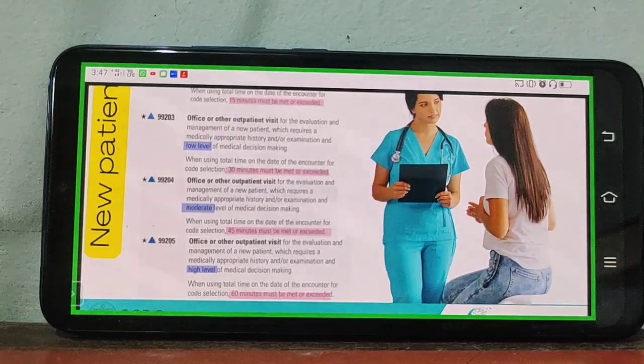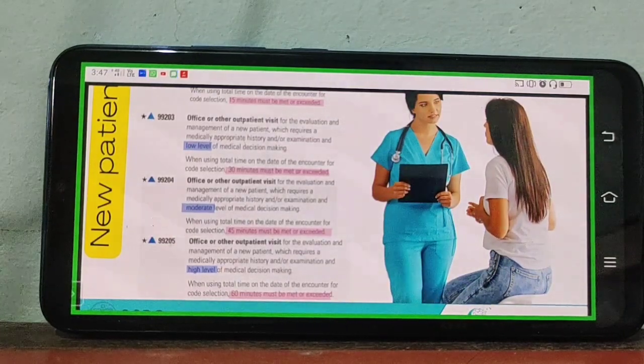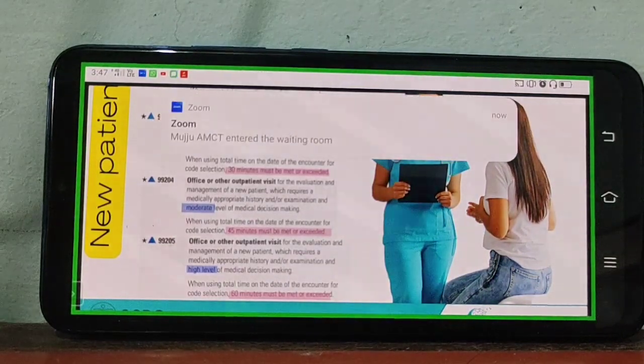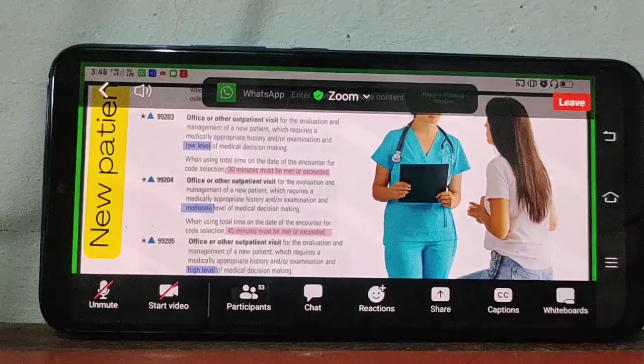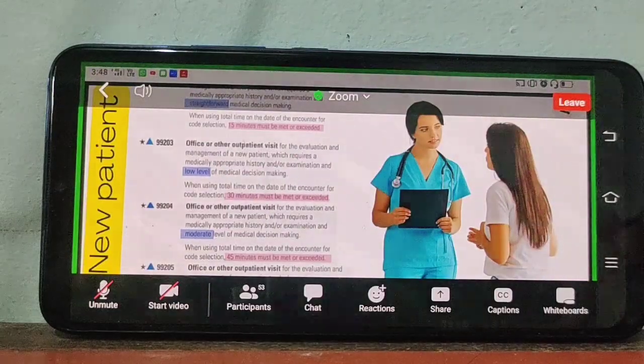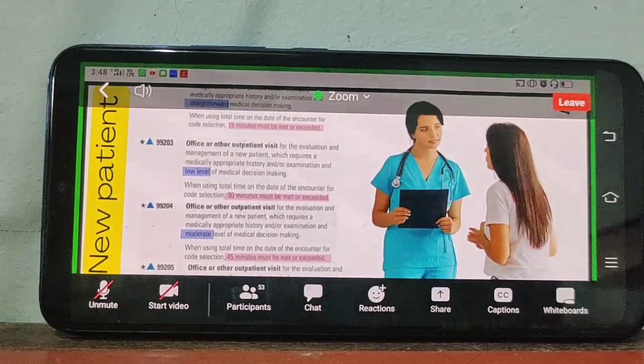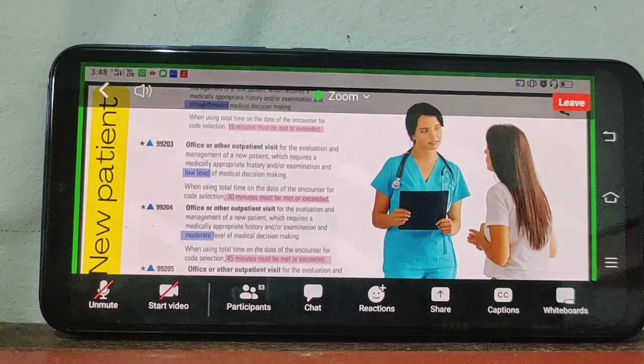Here, we have to fetch the code based on the time and the MDM only. The MDM table is very, very important for evaluation and management. If time is not mentioned, purely based on the table only, we have to select the appropriate code.